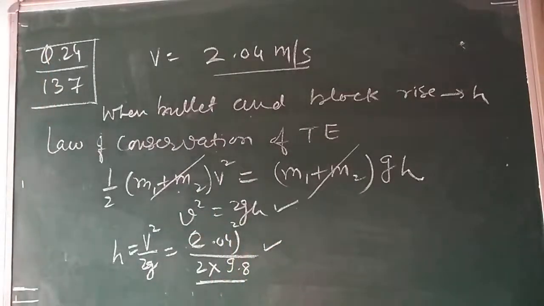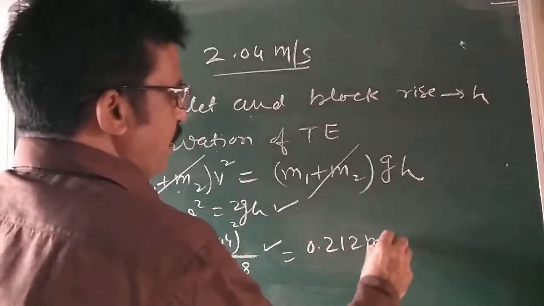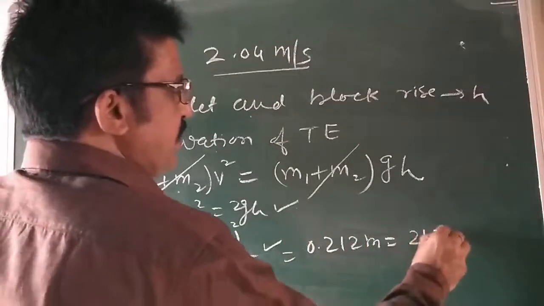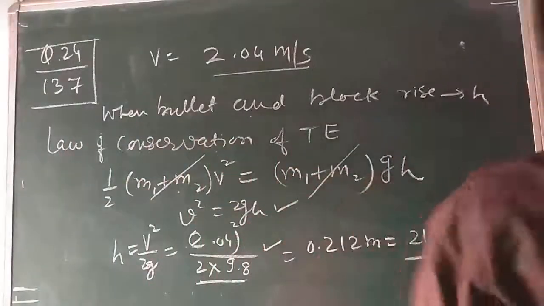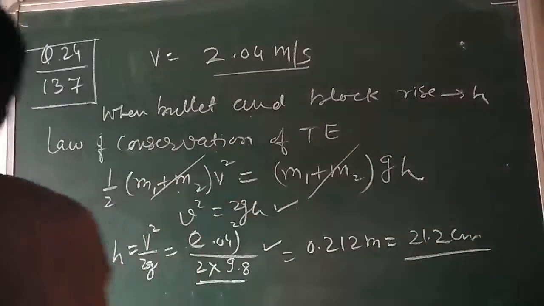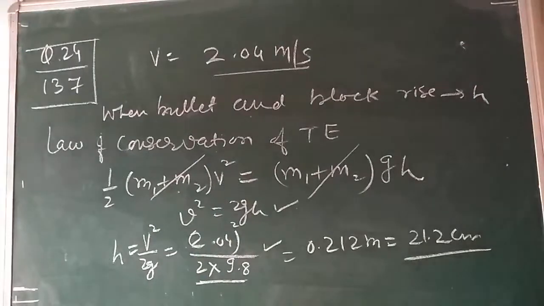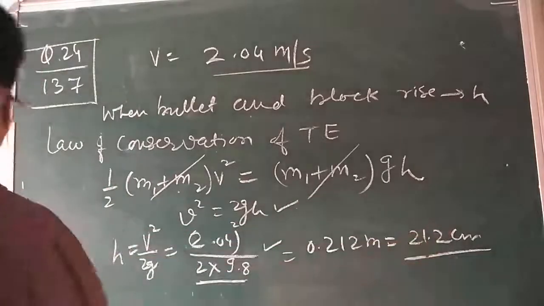That is around 0.212 meter. If you want to convert into centimeter, that is 21.2 centimeter, divided by 100 only. So this is the height up to which the block rises. It is 21.2 centimeter.